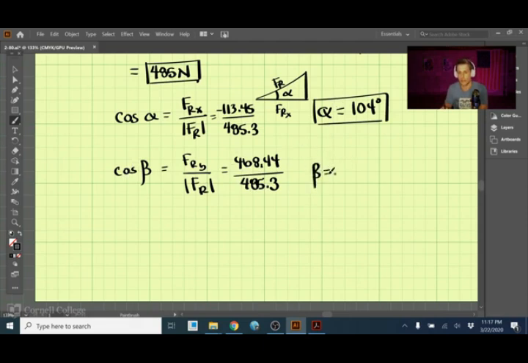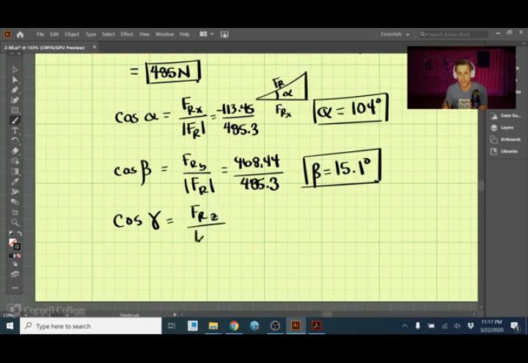And beta comes out to be 15.1 degrees. And now I think you get the idea. The last one is cosine of gamma, and that's the resultant in the z direction divided by the magnitude. And doing this and then inverse cosine here, we have gamma is 83.3 degrees. So that is problem 280.